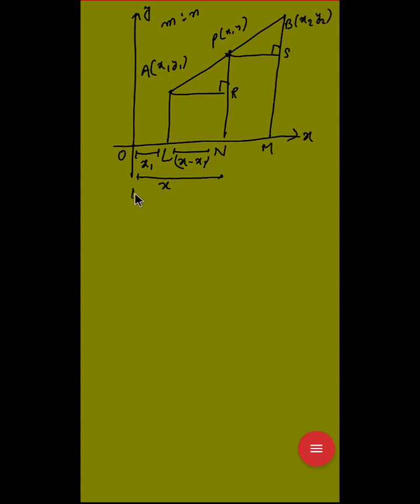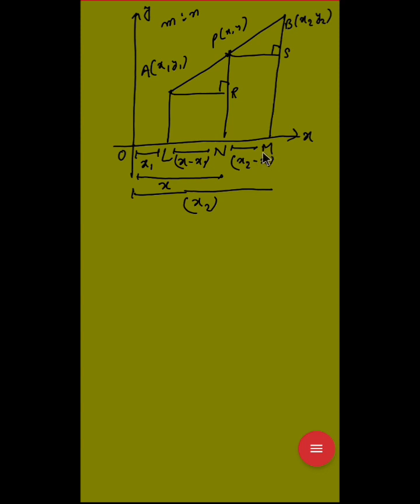Similarly, from this point to this point M, we have a distance of x2, so the distance from N to M is x2 minus x.